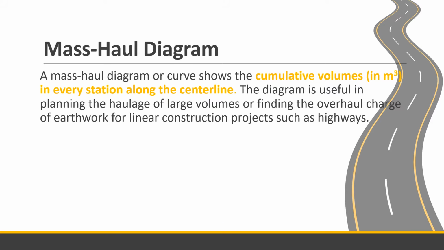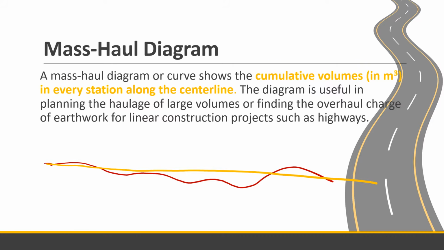So if you have a cross section of land that is irregular, so for example you are going to construct a road on this grade, so ganito. Okay, so this part here will be the cut section and this is the fill section.